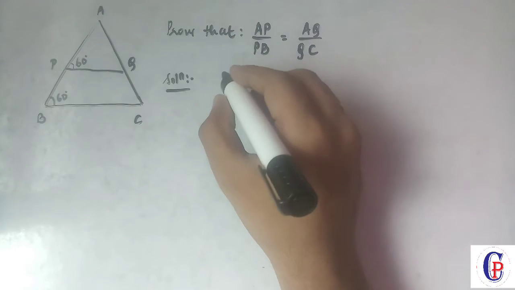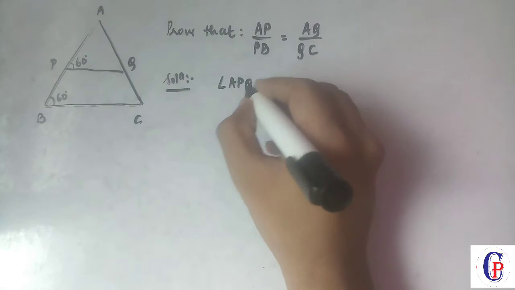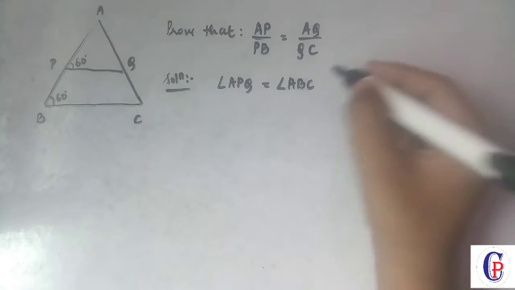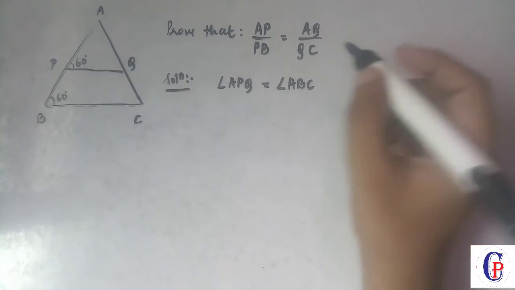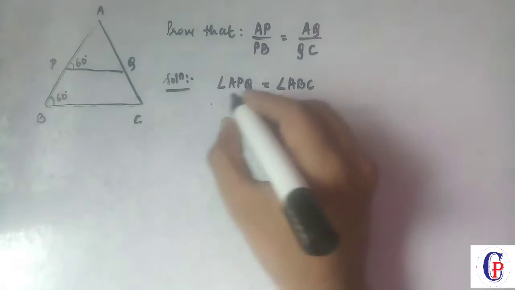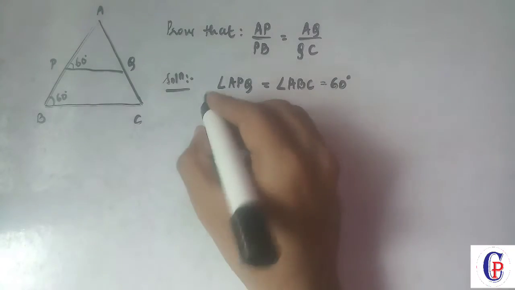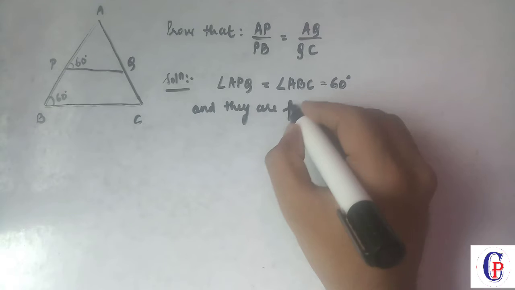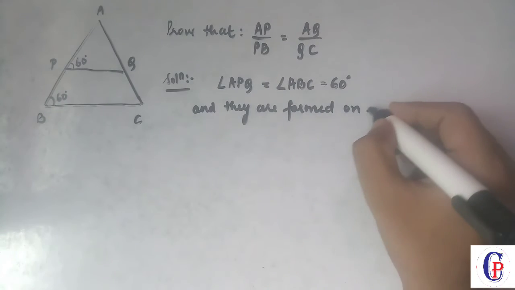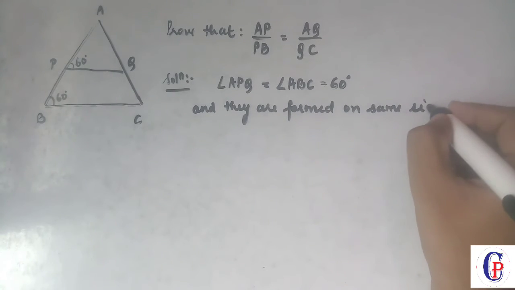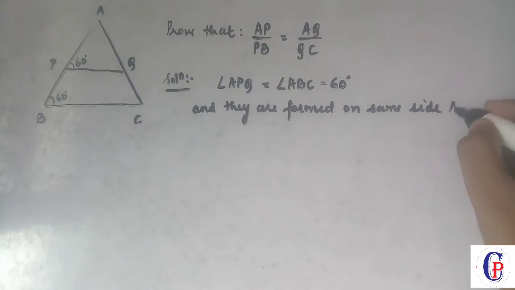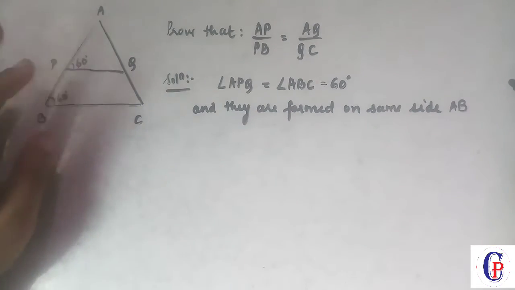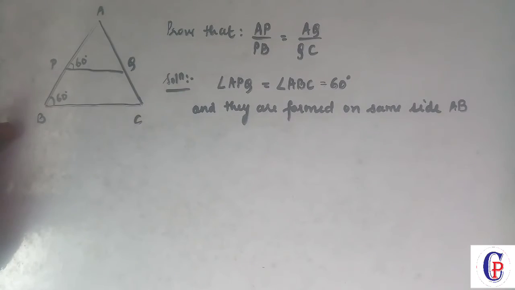We can say here that angle APQ is equal to angle ABC, and you have to also see that they are on the same side, equal to 60 degrees, and they are formed on the same side of AB, right? You can see here APQ and ABC are equal and they are formed on the same side.